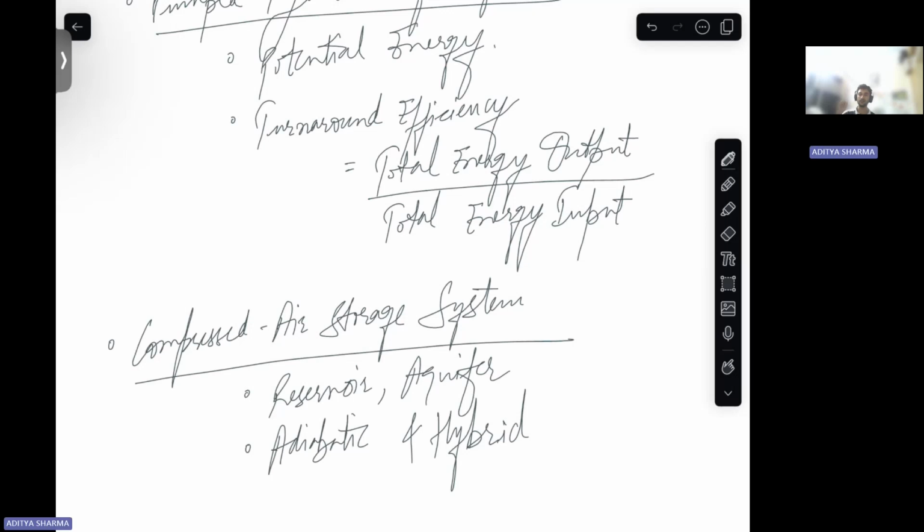Later when we have peak load, you're compressing air at off peak load, when your load is not high. The availability of load is high, but the demand is not high. During that time, you have compressed this air.